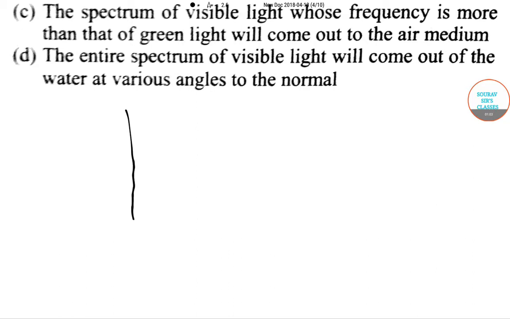Number 1, in order to achieve total internal reflection, the ray must travel from denser medium to rarer medium, or let me correct myself, the ray must travel from optically denser medium to optically rarer medium.